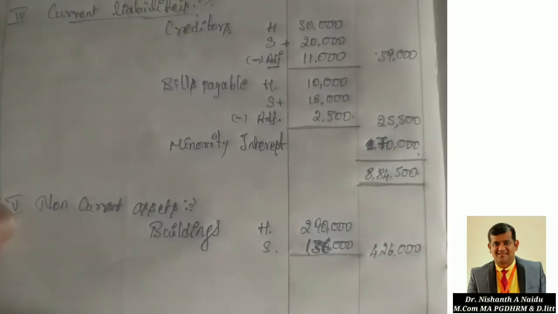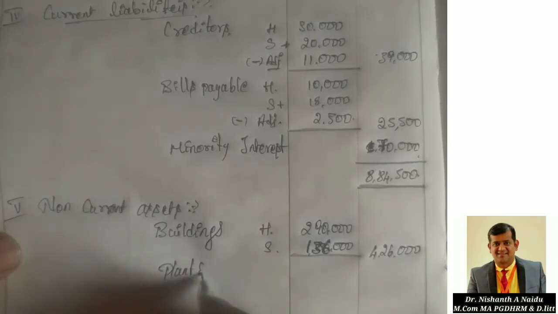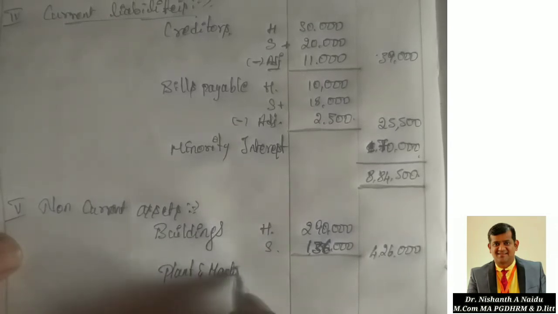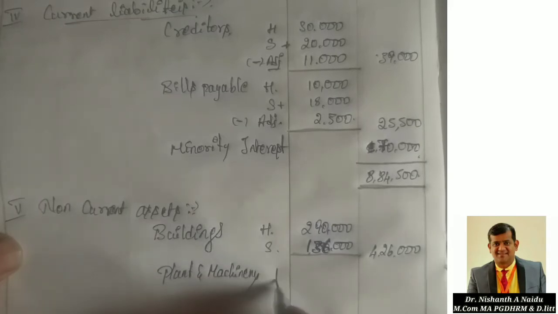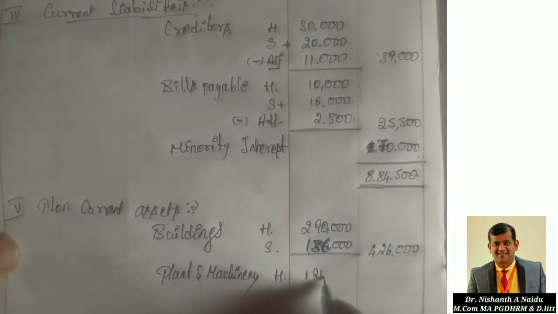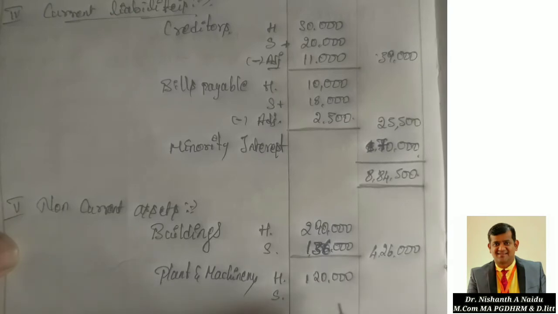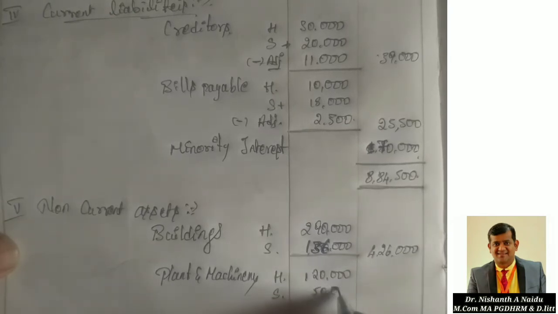So next is plant and machinery. H Company Limited 1,20,000 and S Company Limited 50,000 rupees.